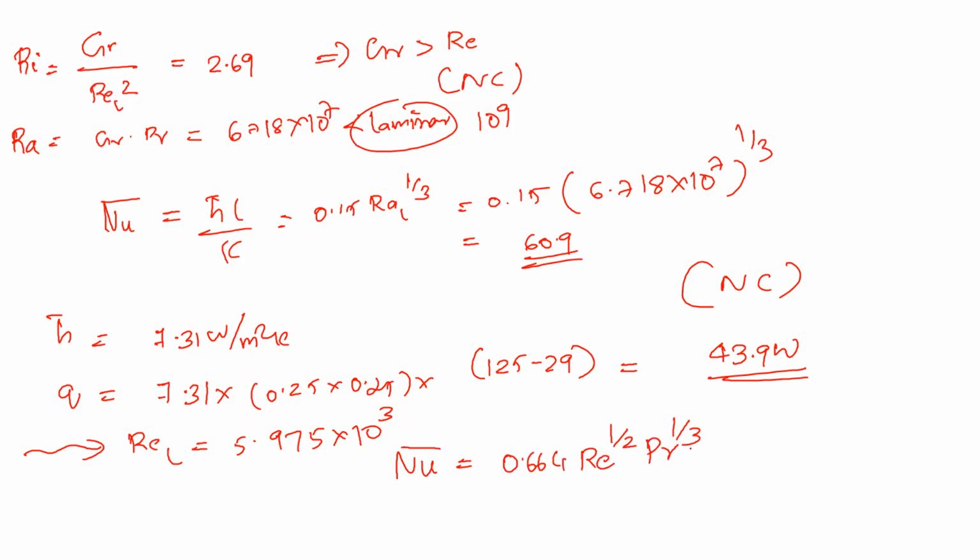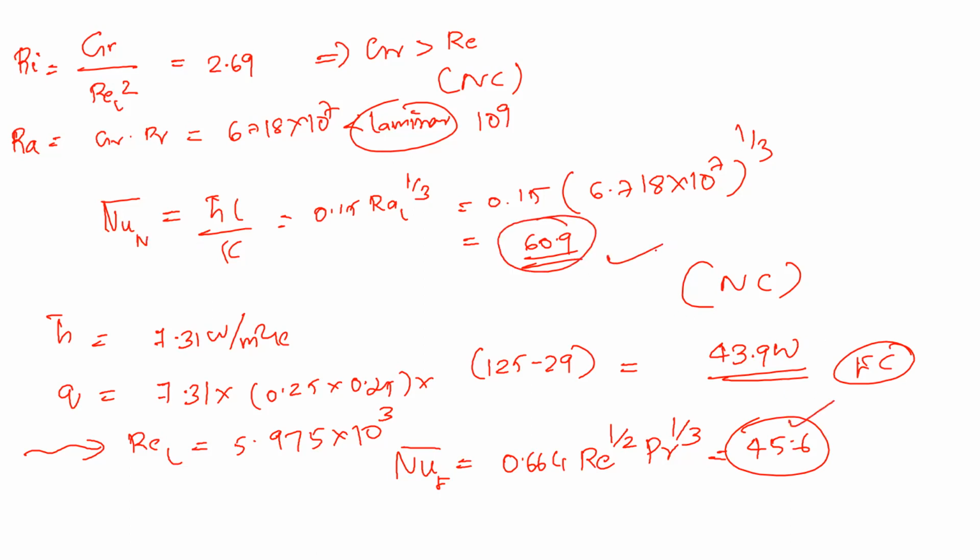So that comes to be 45.6. So this is in the moving case, so there is forced convection. We can denote it by Nu_F, and this we can denote as Nu_N. Nu_N is 60.9 and this is 45.6.